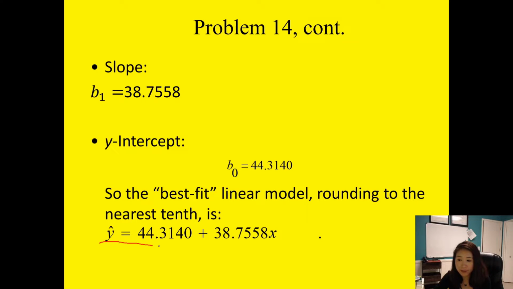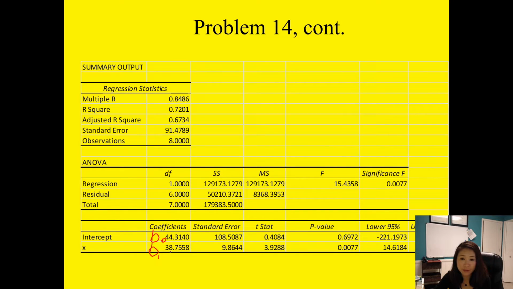You write down those numbers and put them together. So here is the answer for the first part of question A. What is the estimated simple linear regression equation? Y hat equals 44.3140 plus 38.7558x. This is your B0 and B1. So remember where to find B0 and B1. No matter what kind of data you're dealing with, if you use Excel to generate this output, it's always the same location.